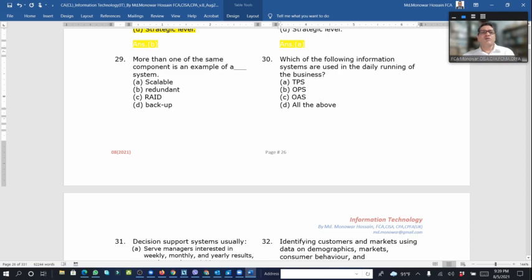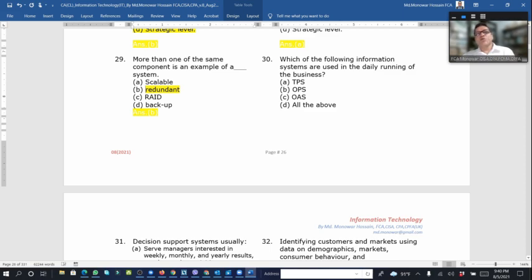More than one of the same component is an example of which system? Scalable, redundant, backup. What would be the answer? Here it says redundant. More than one of the same component is an example of a redundant system.